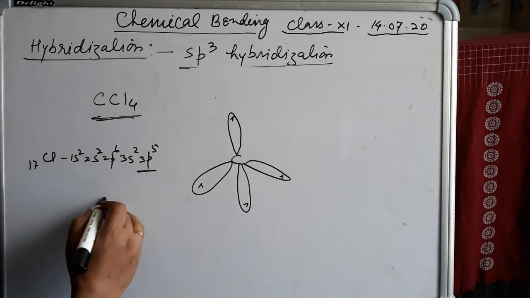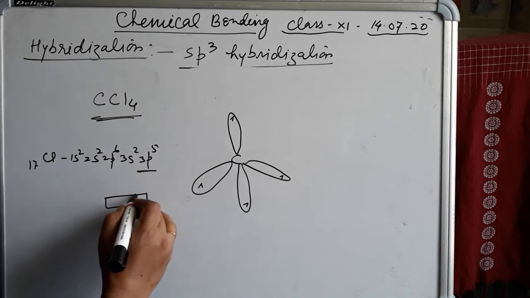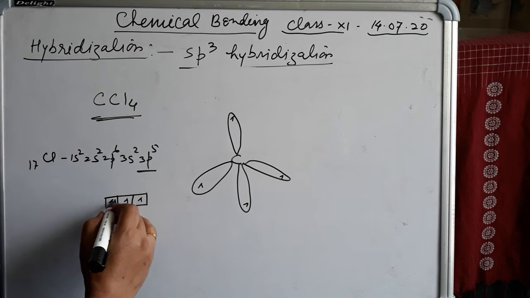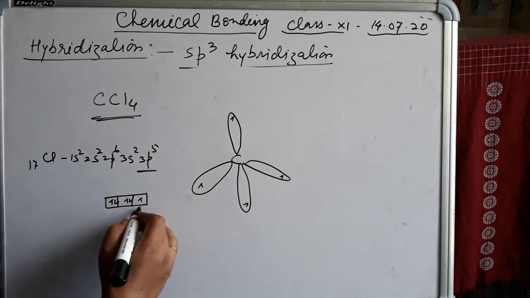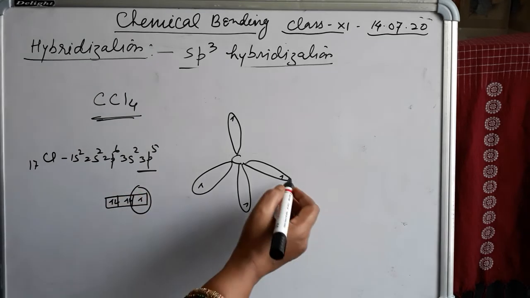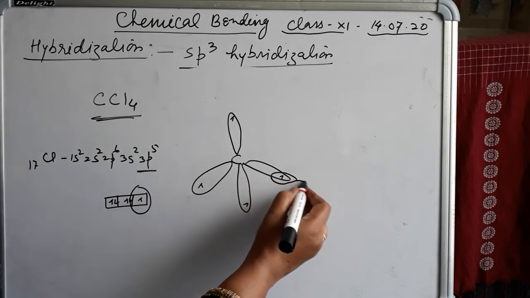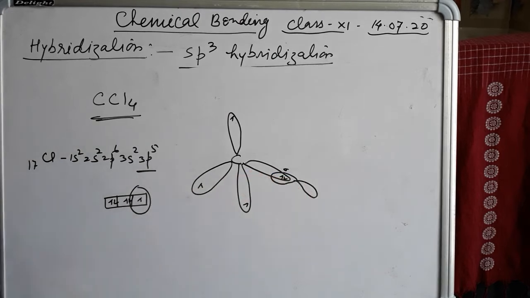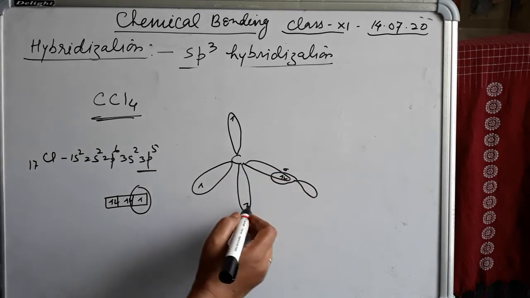Again, in the p orbital there is one unpaired electron. So this orbital overlaps with the p orbital, and the nature of the bond formed will be sigma.